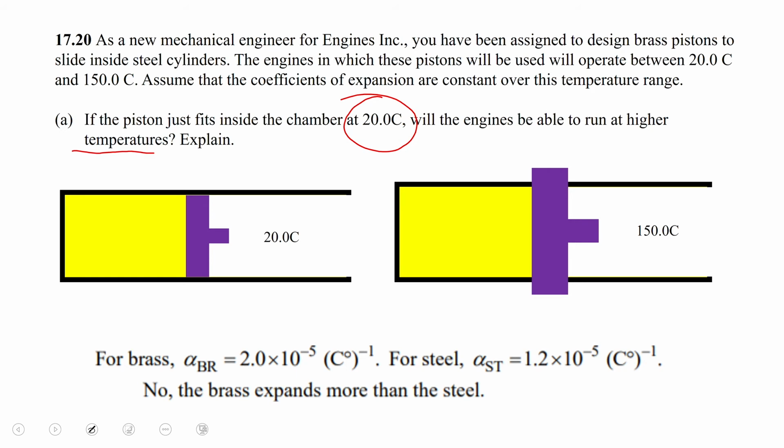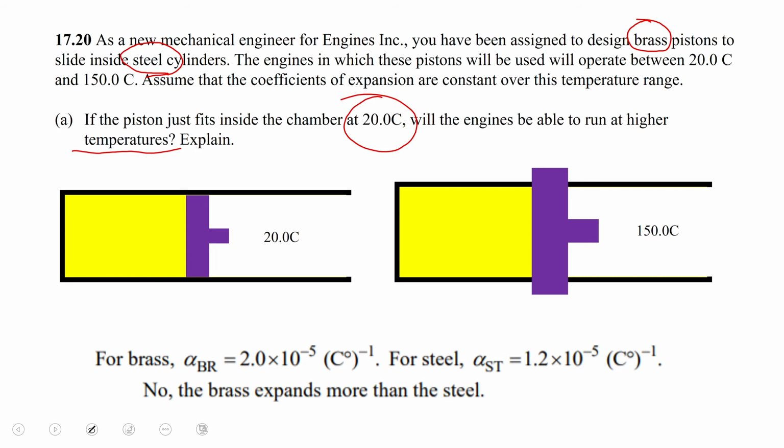So higher temperature. Why is this a question? Think about that. The piston is made of brass, and the cylinder is made of steel. They are made of different materials, so that means they have different coefficients of expansion.